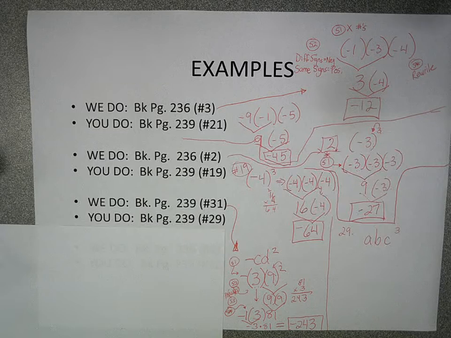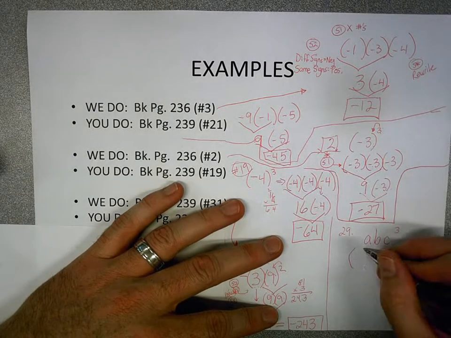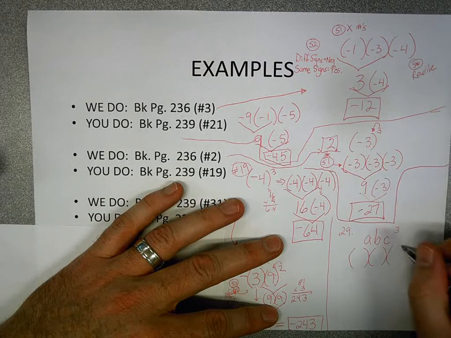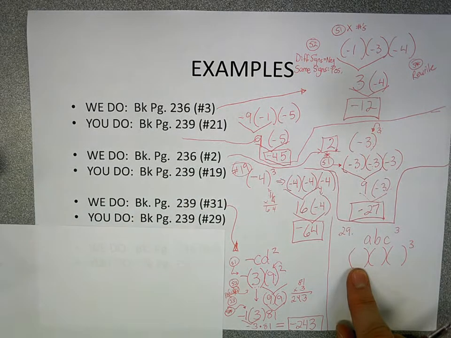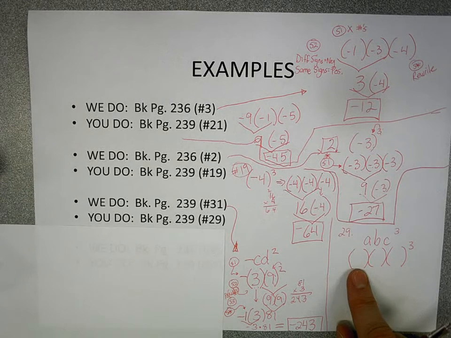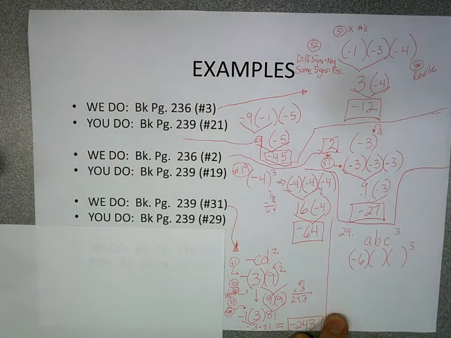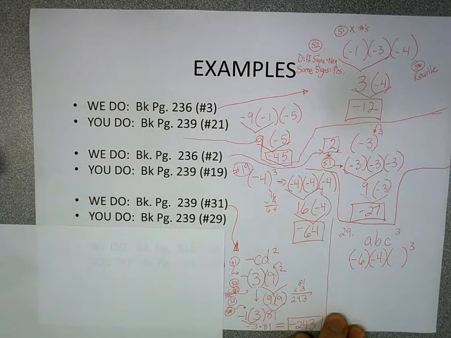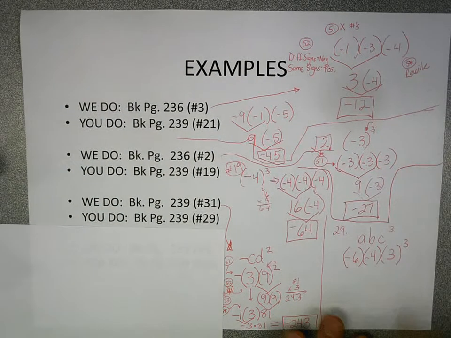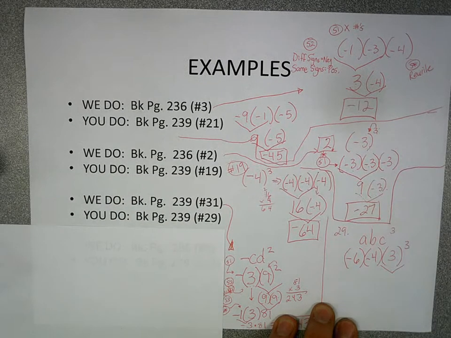Okay, here we go. A times B times C cubed. So, parentheses, parentheses, parentheses cubed. I'm going to plug in the A here in the very first one. So the A, according to the directions, is -6. The B is -4. And the C from earlier is 3. So if I'm looking here, I have a bunch of multiplication, but don't forget, we have the exponent first.